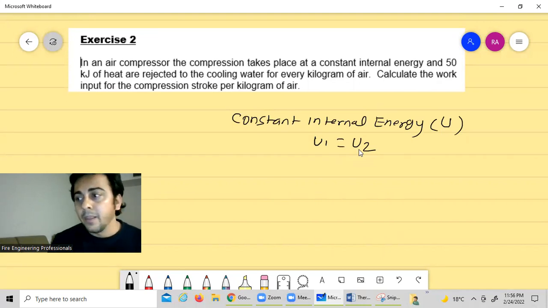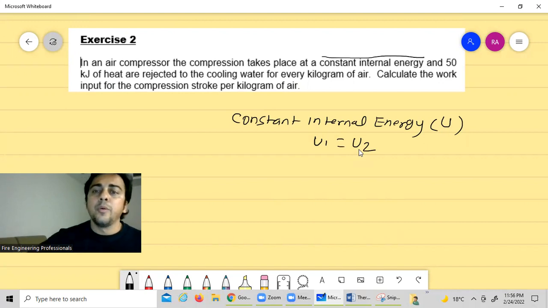In that case the pressure goes higher and the gas molecules come together. A little bit of temperature change will be there, but the question directly mentions the compression takes place at constant internal energy, so we have to stick to that point.